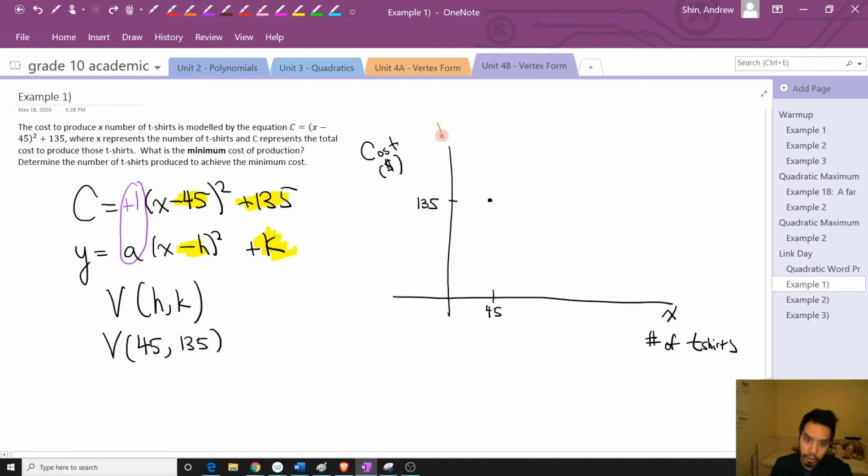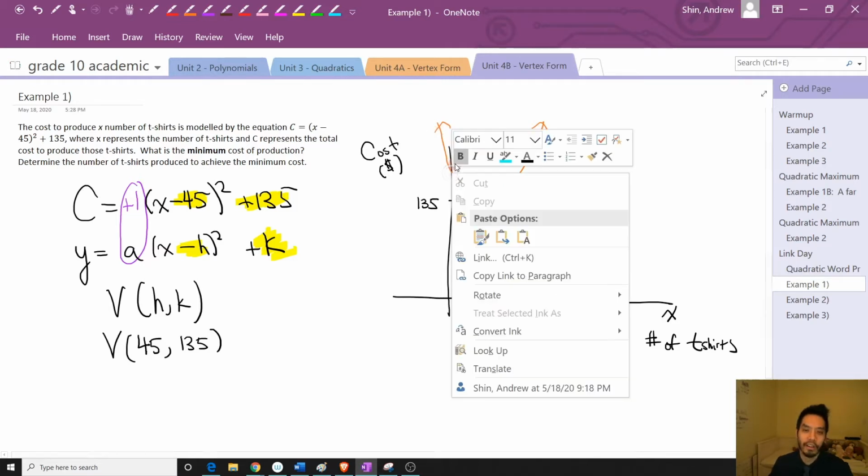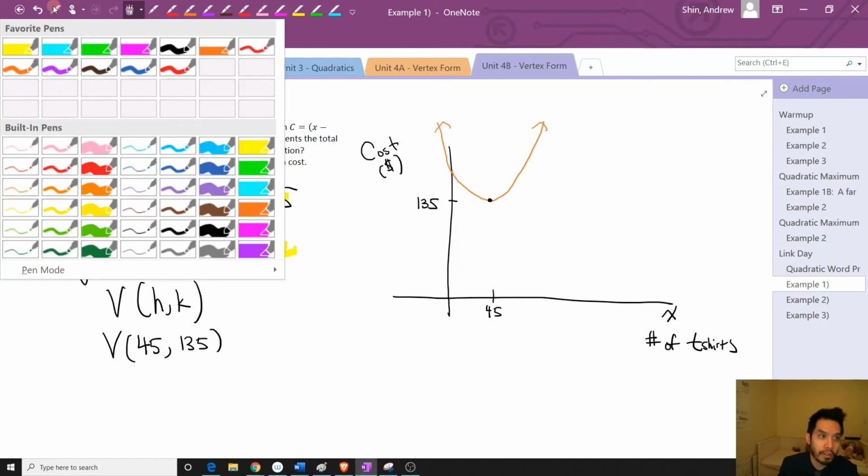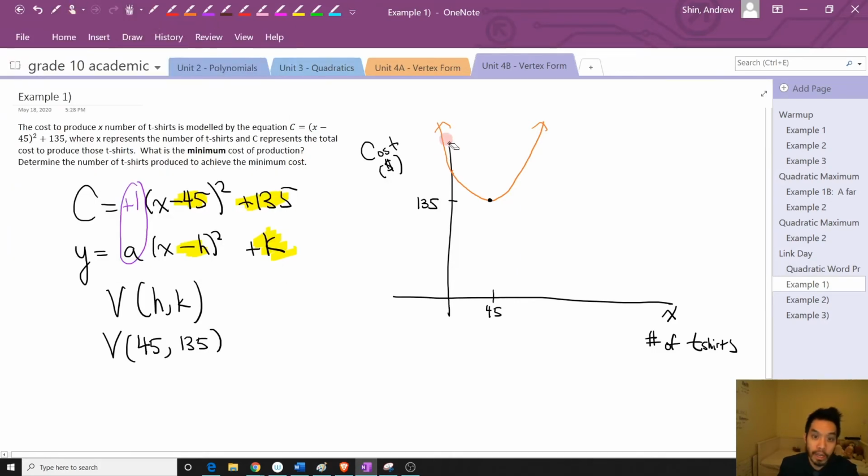So I'm going to draw a parabola in a different color. Oh, let's try that again. And so what I'm going to do is be a little bit more accurate with the situation here. Can I have negative t-shirts? I can't. It doesn't actually make full sense. So I'm going to redraw this so that it does make sense.